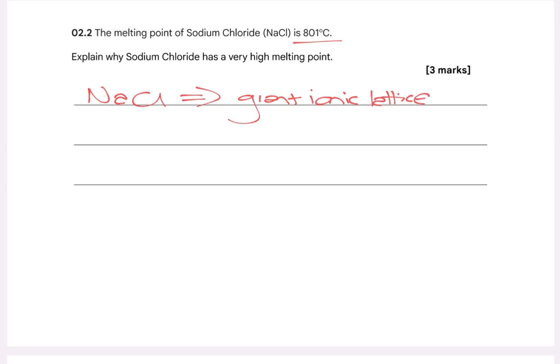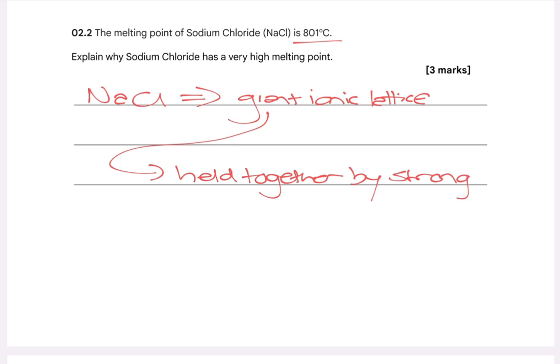And so once we've established what the type of bonding is, it's then often a good idea to explain how that bonding is held together. And so this is held together by strong electrostatic forces of attraction. And that's a good definition and a good phrase to try and learn really.